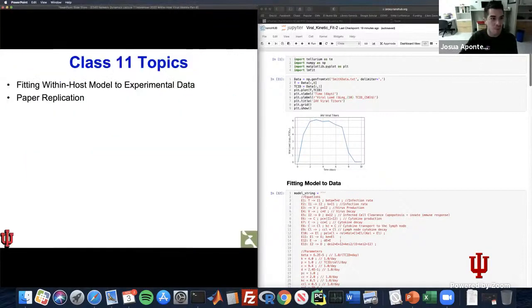Okay, so as I mentioned, those are the topics that we will be covering today: fitting the within host model to the experimental data and replicating two papers.